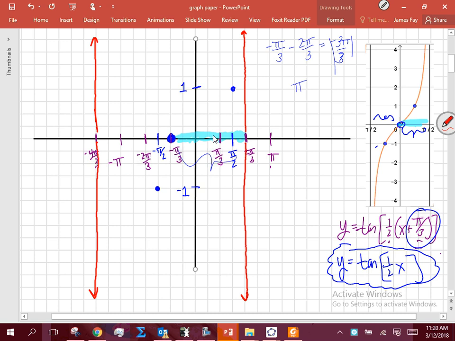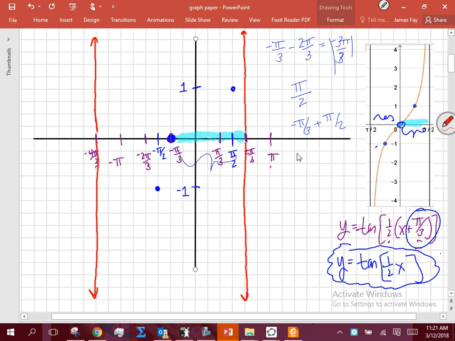But now I'm going to find halfway of that, so it'd be pi over 2, correct? So pi over 2 would be the distance that is halfway from this point to that asymptote. But this point starts at negative pi over 3, right? So I take negative pi over 3 and add to it pi over 2.